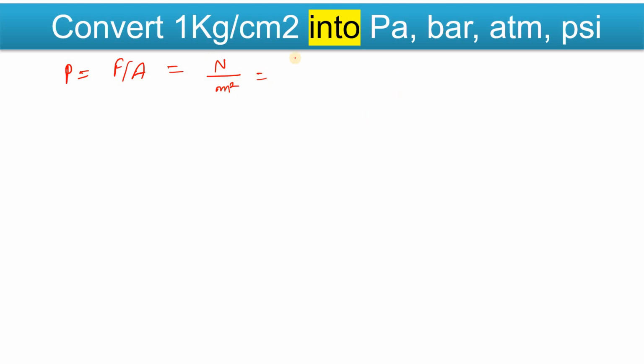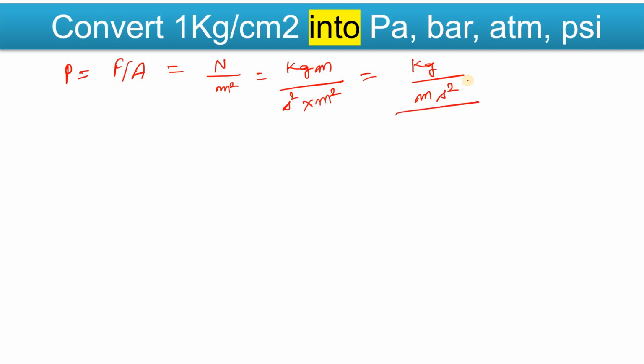So Newton can be written as kg into meter per second square. We can write that because what is the Newton? Newton is your mass into acceleration. The unit of the mass is kg and the unit of the acceleration is meter per second square. Now we can write this as kg per meter into second square.